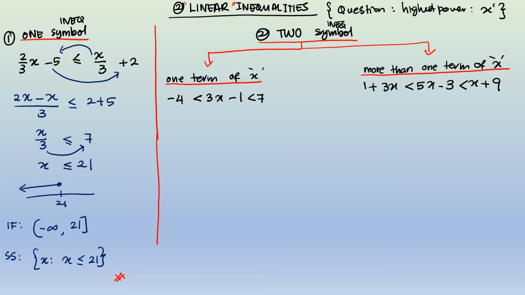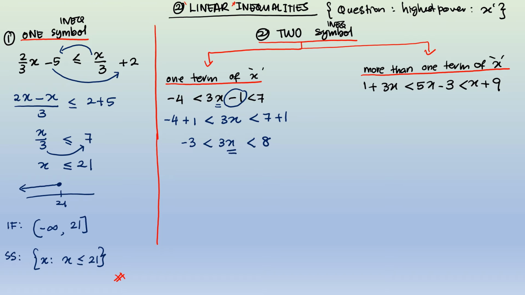Here, with one term of x, you only have x here. What you can do is just bring -1 to both sides. So it will be -4. When you bring it to the other side, it will change the sign, it will be +1. So 3x will be alone, 7 plus 1. So we got -3 less than 3x less than 8.